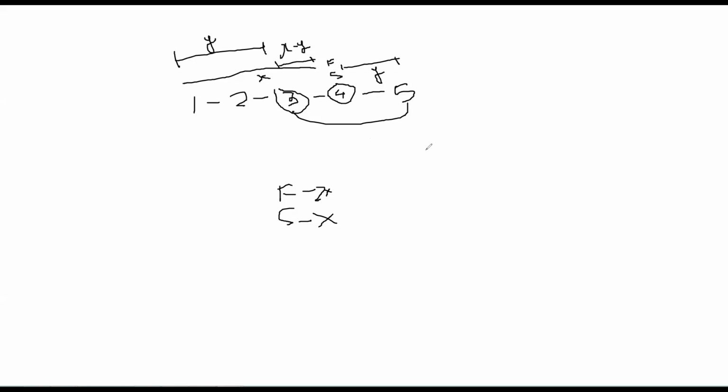So from the meeting point, if slow hops y distance, and head hops y distance, they will reach the start of the loop. Does this make sense, or should I explain a bit more clearly?